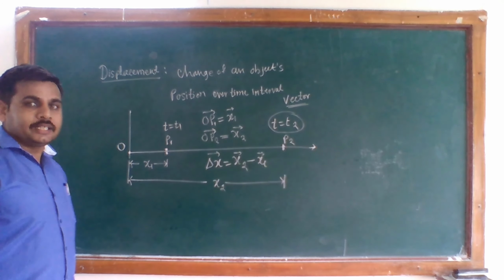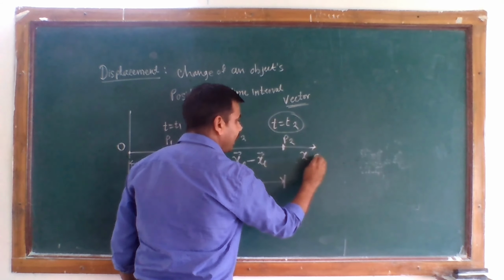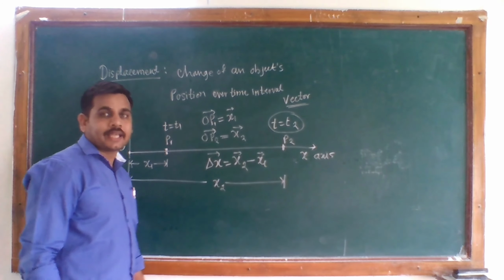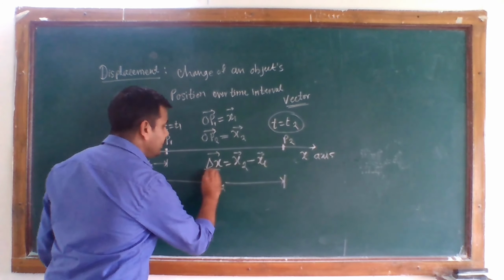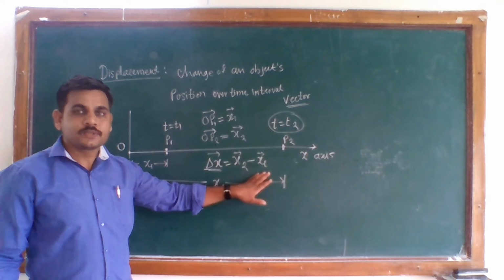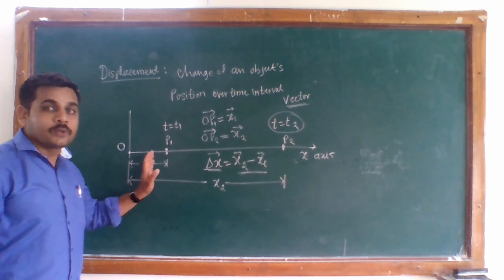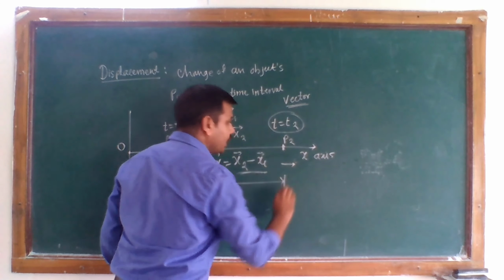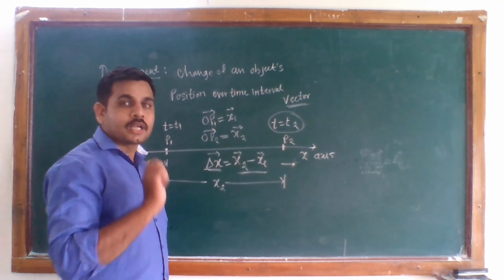Again, the car is moving along the x-axis. So this difference, x2 minus x1, gives us the displacement, which is the magnitude of the car's change in position from P1 to P2, and the x direction gives the direction of the car.